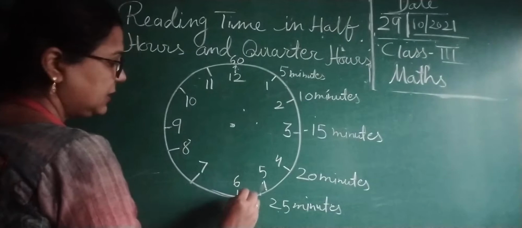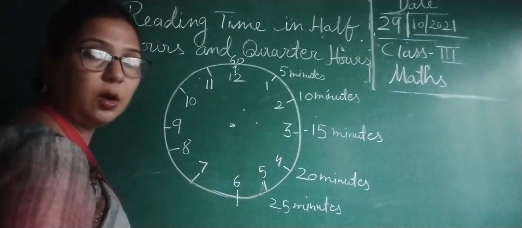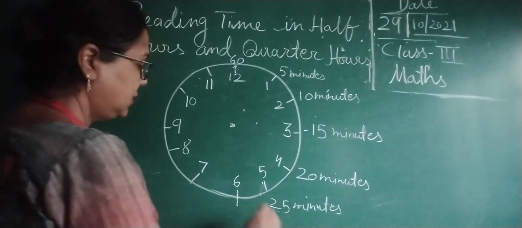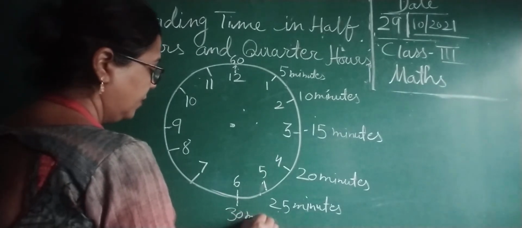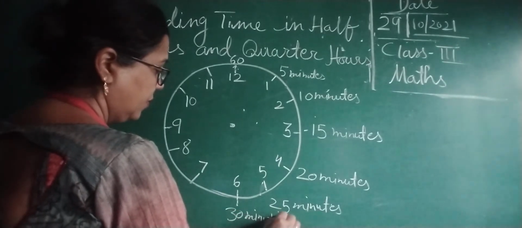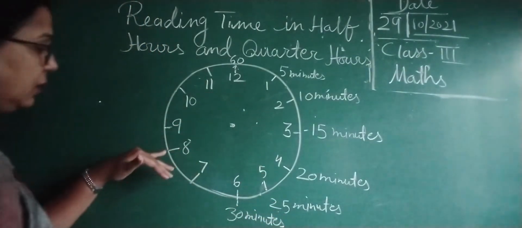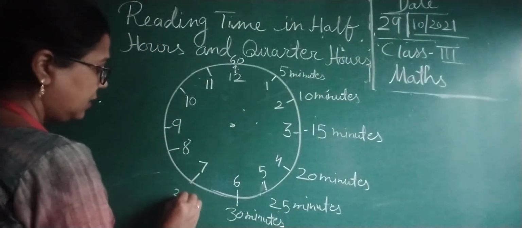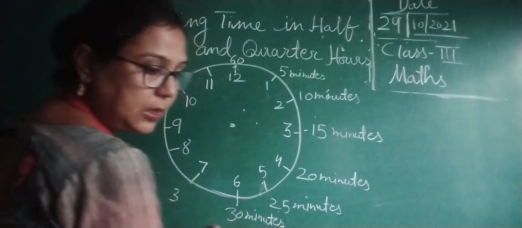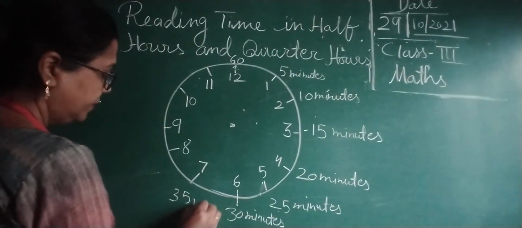Now children, this is the half part of this clock, so that is why this is 30 minutes. Okay, and here because this clock is moving here, it will be considered as 35 minutes.